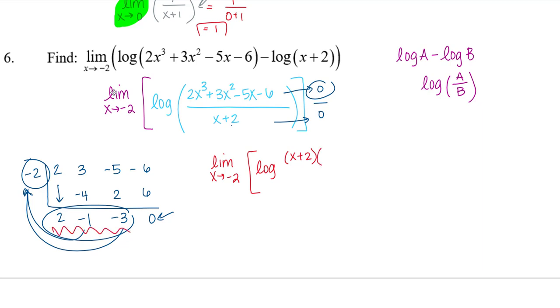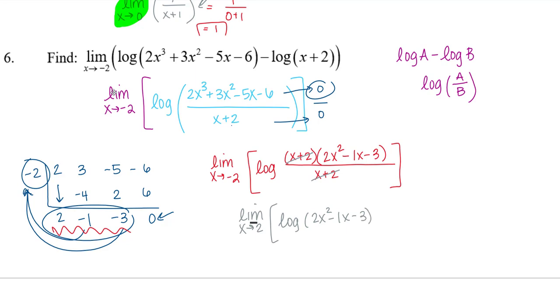And the second factor is what's left over after my synthetic division, so 2x squared minus 1x minus 3. And now I can definitely divide x plus 2 by x plus 2 to be 1. And so now I just have limit as x approaches -2, log of the 2x squared minus 1x minus 3.